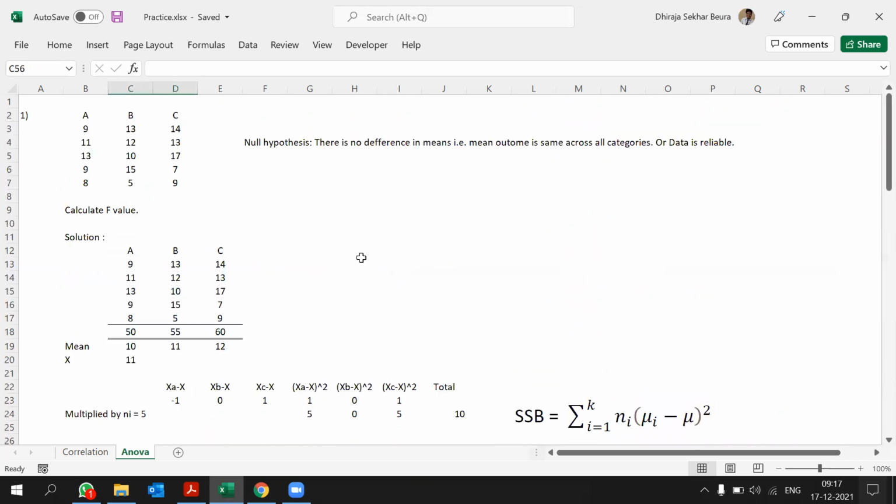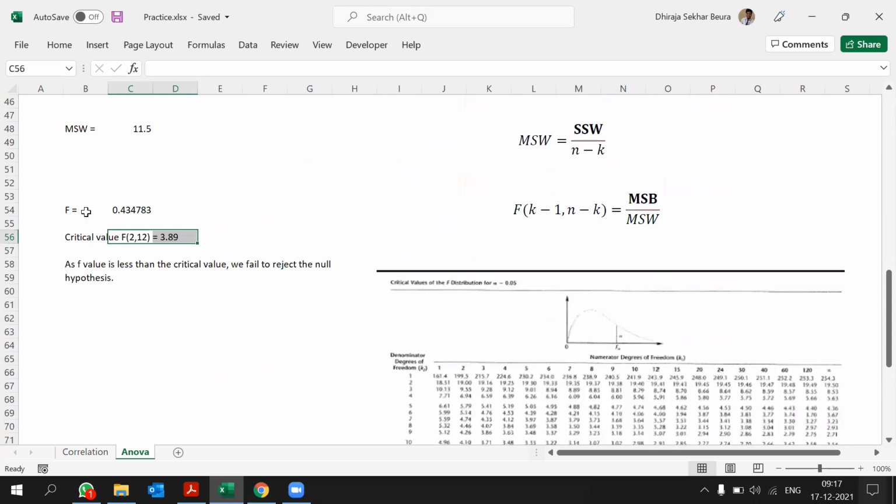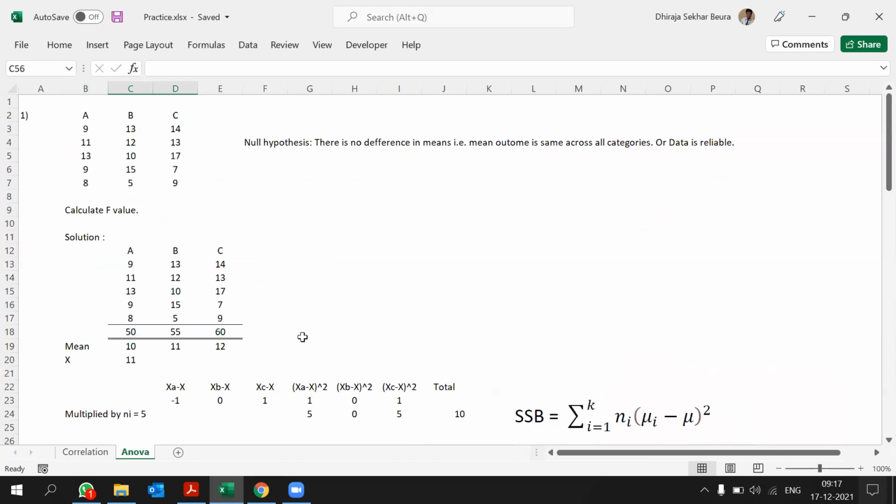When F calculated is less than F critical, we fail to reject, right? Yes, exactly the opposite. We fail to reject. I'm just saying the other way around. If this F is more than the critical value, in that case we reject the null hypothesis. I'm saying it the other way around because if you understand this, the other one will be easy.